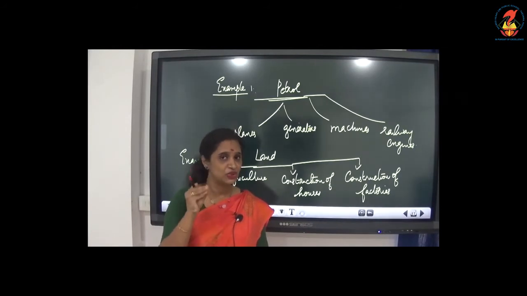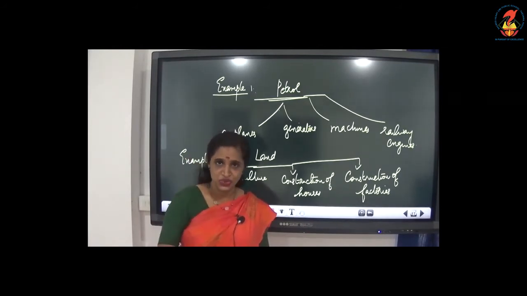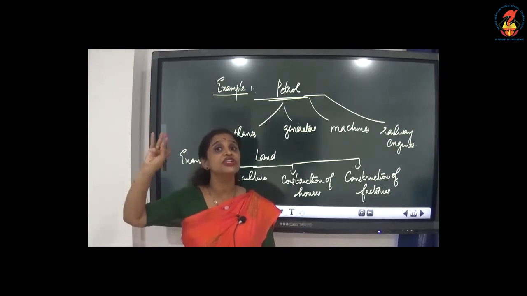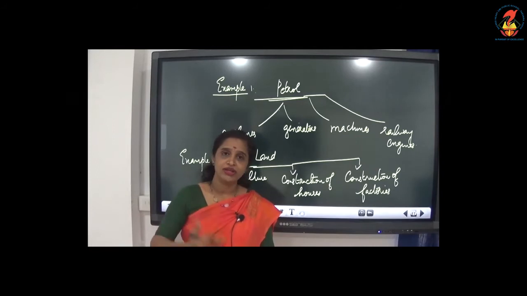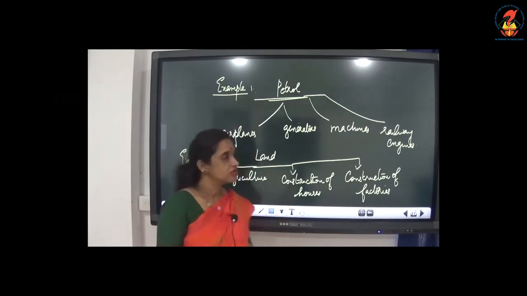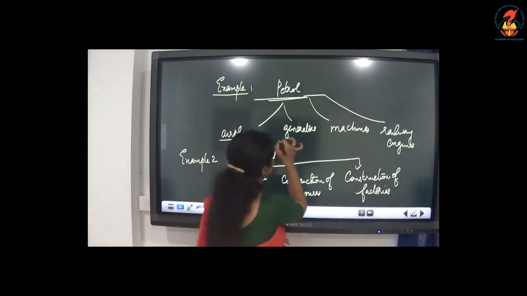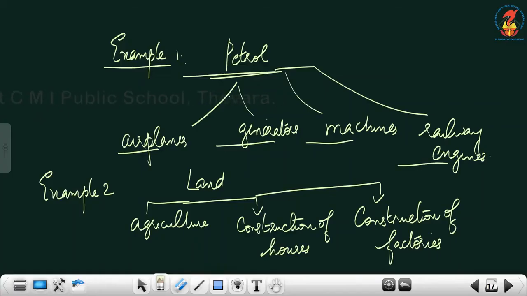So petrol here is a scarce resource, and it has different uses other than in vehicles. In many other areas petrol is used: airplanes, generators, machines, railway engines and so on. So scarcity is not the only problem. Along with that, the other problem is that these scarce resources have alternative uses. Take the second example, land.